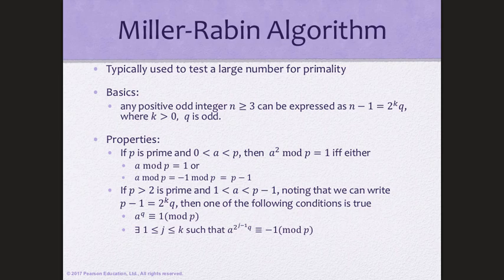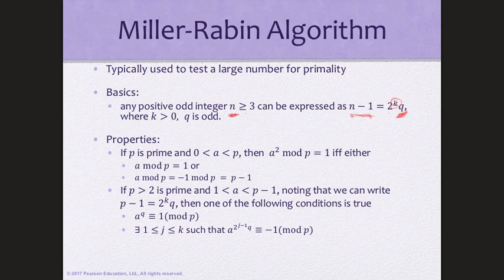Some of those properties is that any positive odd integer, and we care about the positive ones, which is greater than or equal to 3, so starting from 3, if you subtract 1 from it, it will become an even number.